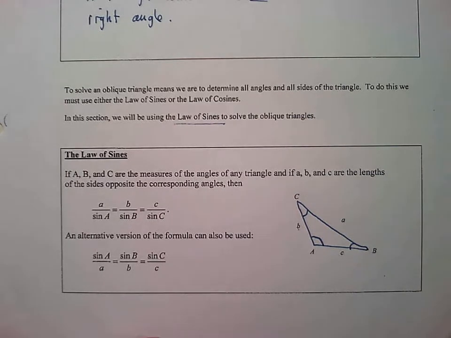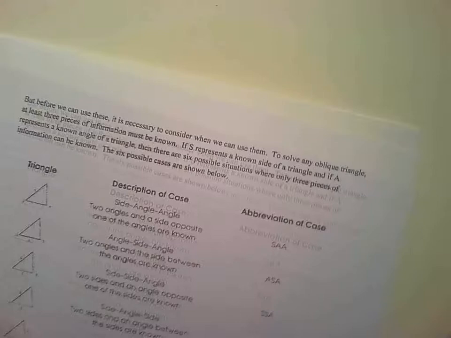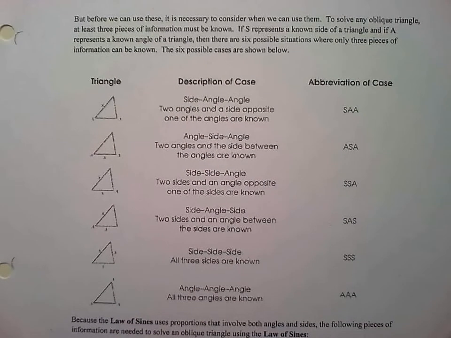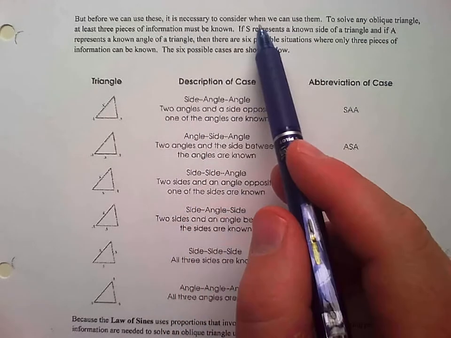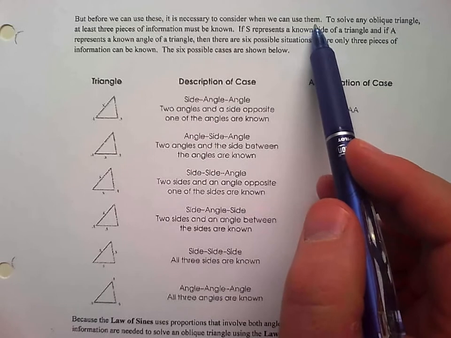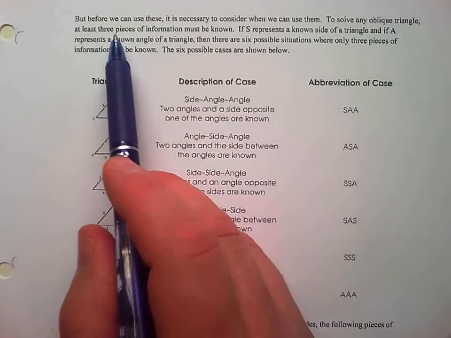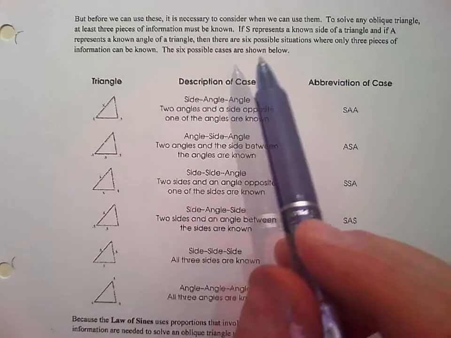So, if we go on to the next page of notes, we can use these concepts to take a look at some triangles that we might be dealing with, some oblique triangles. But before we can use these, it is necessary to consider when we can use them. To solve any oblique triangle, at least 3 pieces of information must be known.